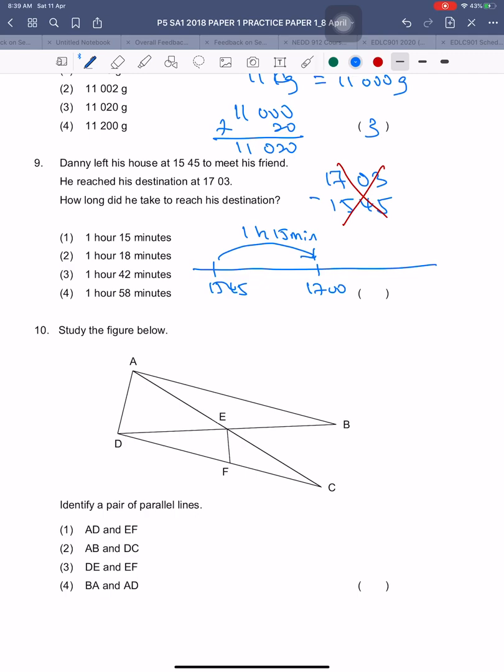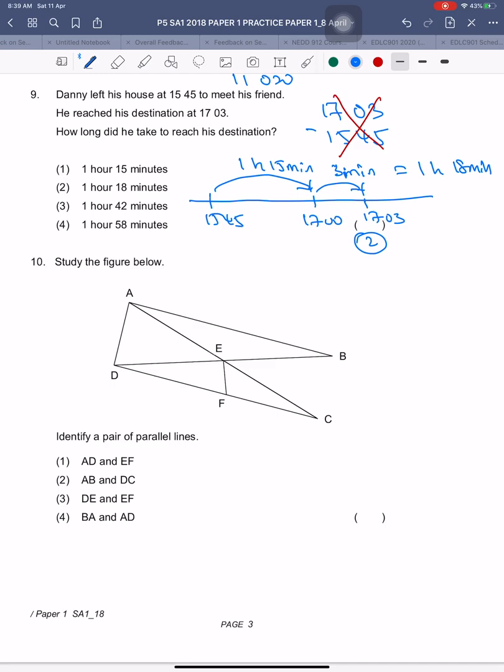Then you still have 3 minutes. So 1 hour 15 minutes plus 3 minutes, add them up, the total will be 1 hour and 18 minutes. Okay, so answer is number 2.